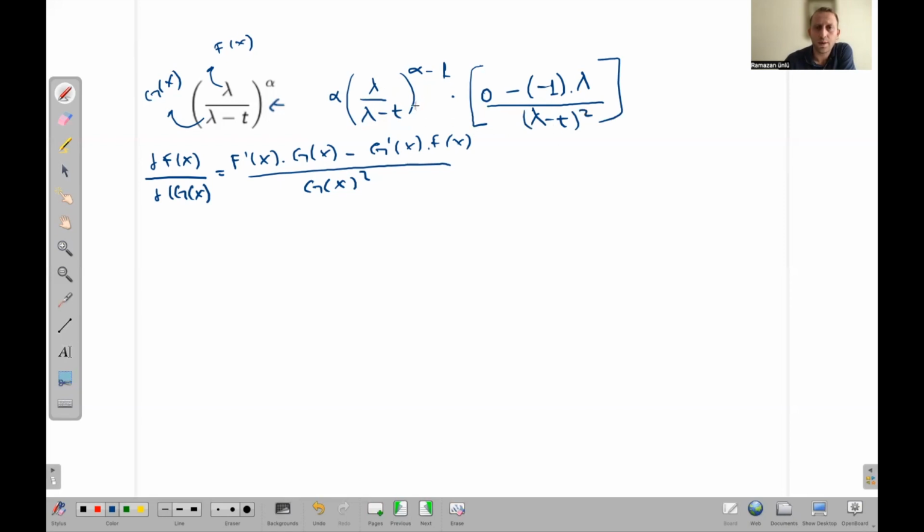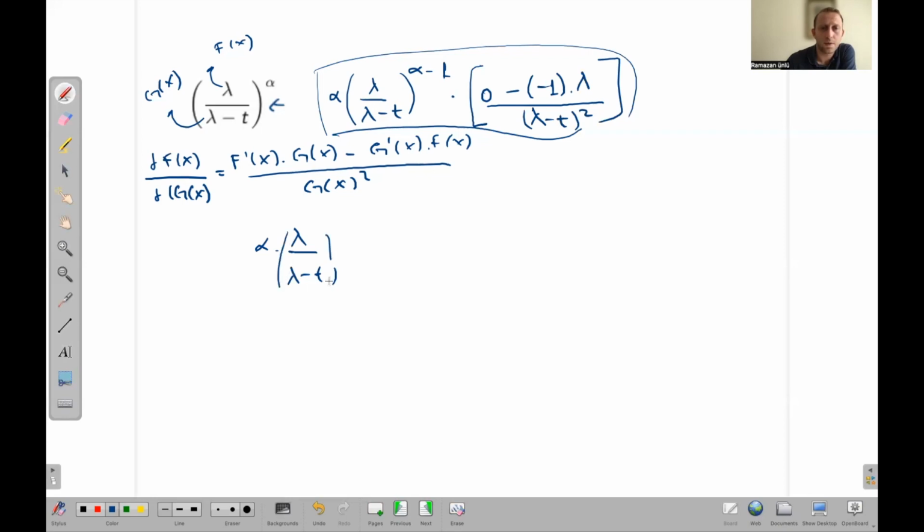So let me write all these things here again. That is alpha times lambda over lambda minus t to the alpha minus 1 times, that will be plus lambda divided by lambda minus t squared. Okay.